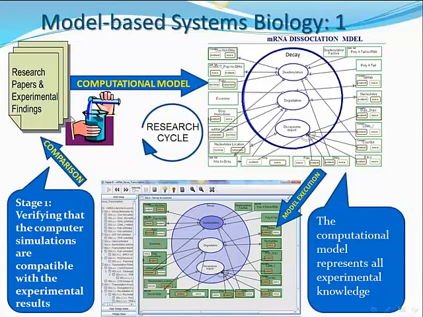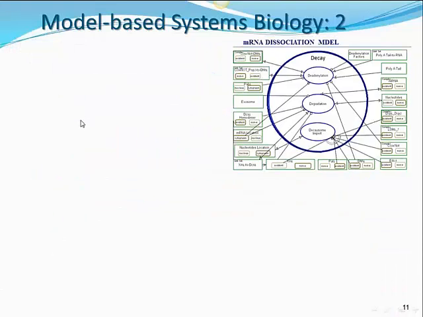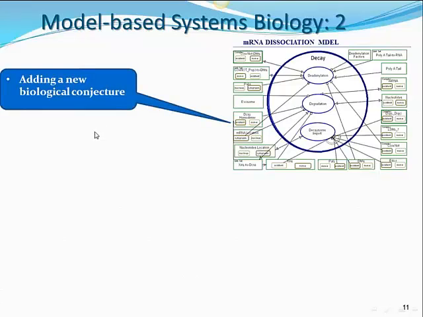This is a cycle that keeps on going. In the next stage, we can add new biological conjectures, things that have not yet been found or verified in experimental setting, but mechanisms that might be operating behind the scenes.